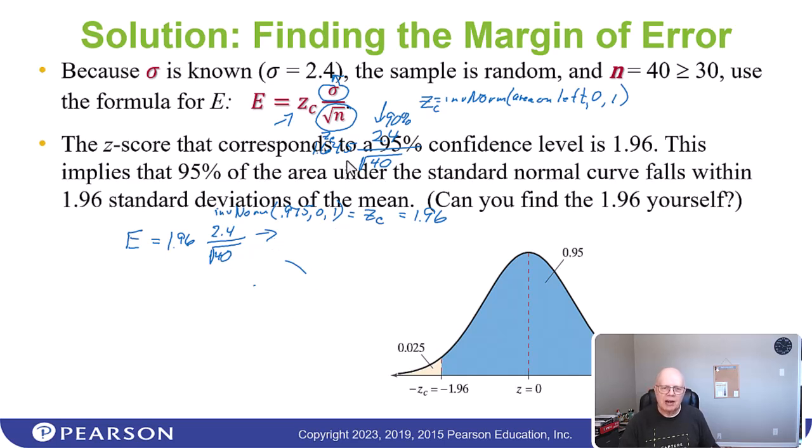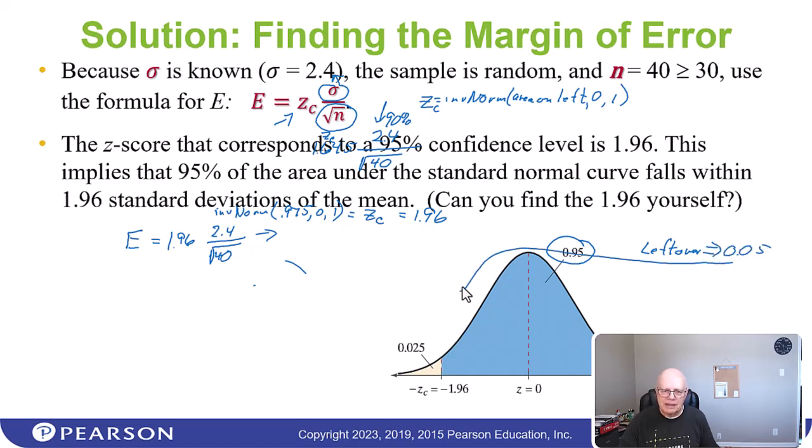So there's our setup. Remember, draw a picture all the time. The confidence level you have is 95. That's always in the middle. What's left? I'll say leftover: 0.05.